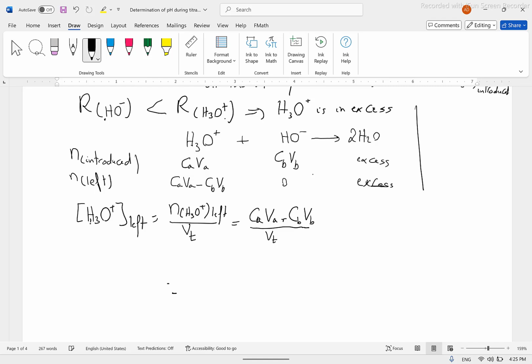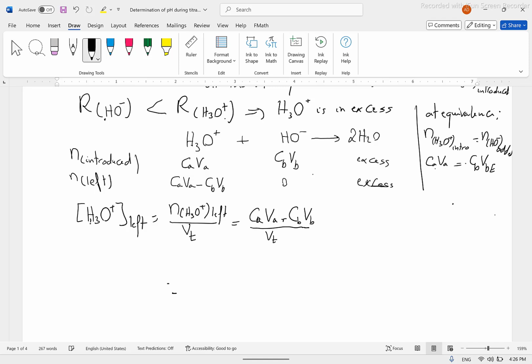Since at equivalence the number of moles of H3O+ introduced equals the number of moles of HO- added, then we can say CaVa equals CbVbe.